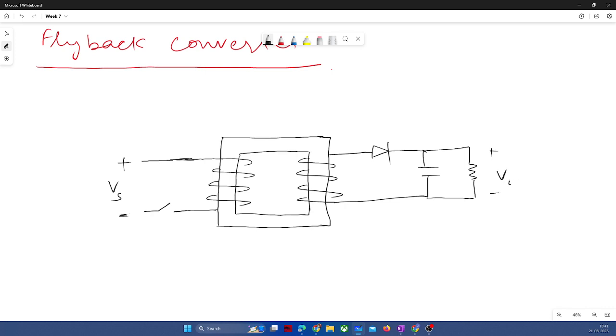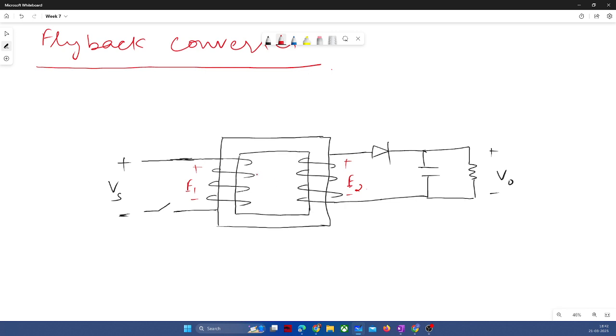So this is a typical flyback converter. From the input, you will give supply to a transformer. Some EMF will be induced in the primary as well as the secondary. How will it be induced? By the help of flux and the number of turns.